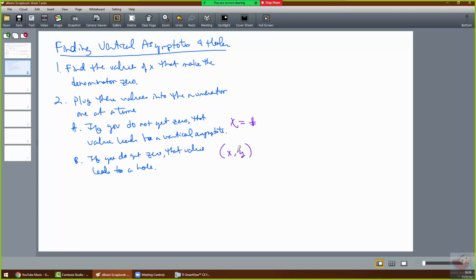So when you are asked to give an expression for a hole, make sure you write it as an ordered pair. Let's do an example that has both a vertical asymptote and a hole. Side note, a graph can have multiple vertical asymptotes, multiple holes, a mixture of the two, or neither.